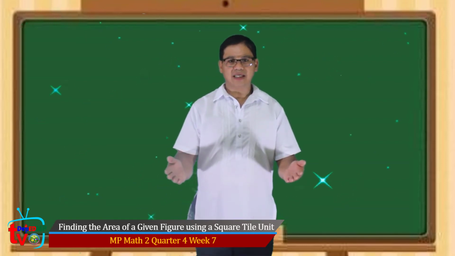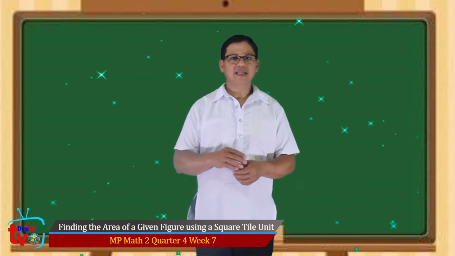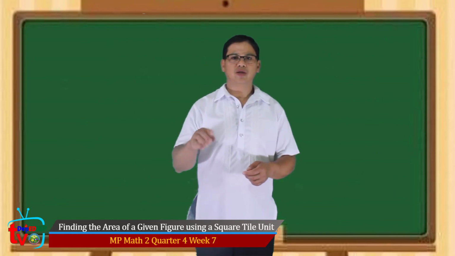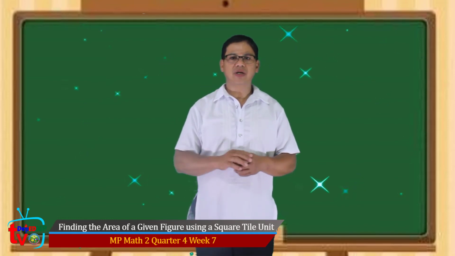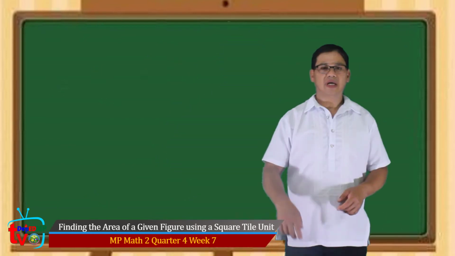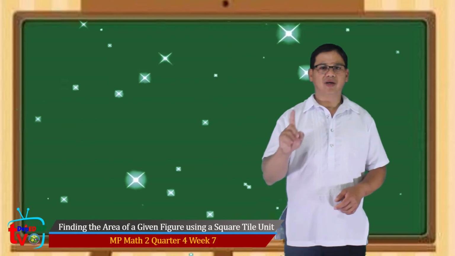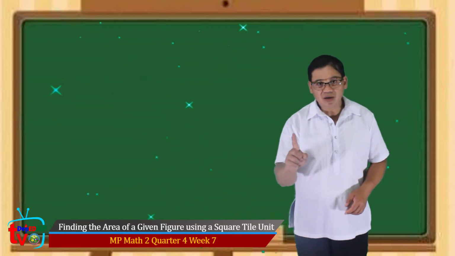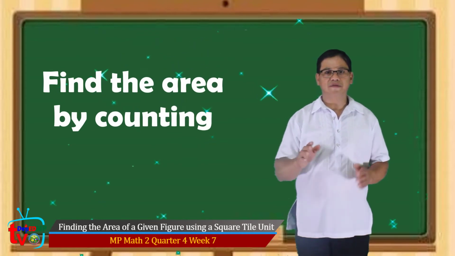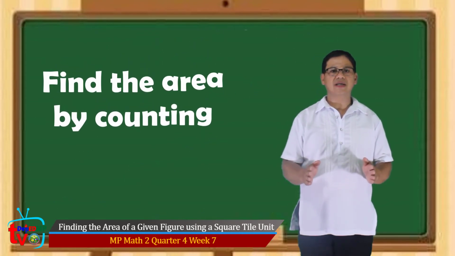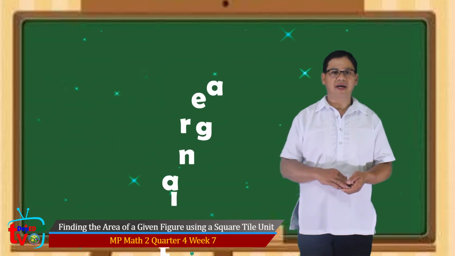Let us have this activity. It is similar with the activity 1. So, I am sure you will get a perfect score. I assure you that because I know you can do it. Count the colored square tiles to find the area and write your answer inside the circle on page 11.